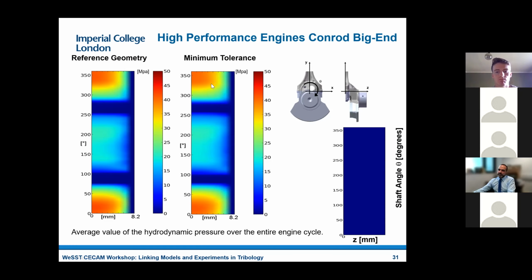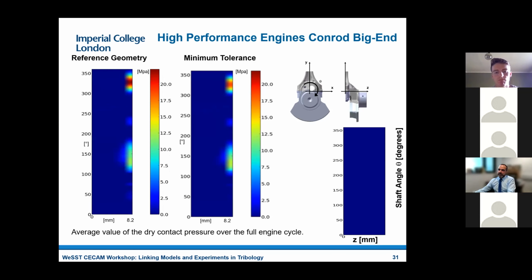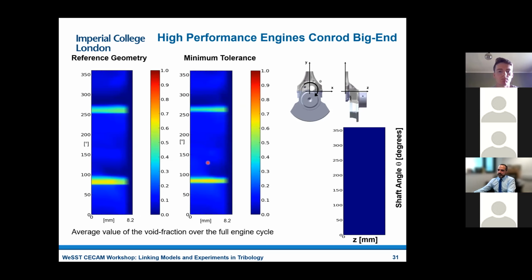One of the things you can see is that if you look at the average hydrodynamic pressure, there's not much difference if you change the tolerances of the component. There are some differences here, where you get asperities in contact, which usually happens at the very edge of these bearings. But you start seeing differences in where the cavitation happens, and this is again integrated over the cycle, the region where there is most cavitation.